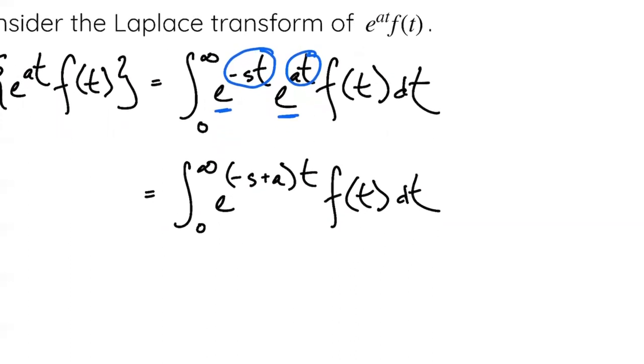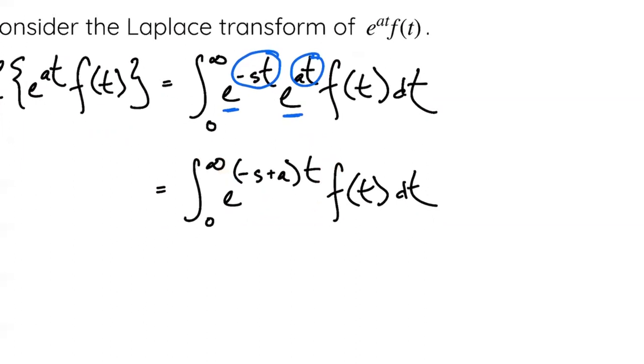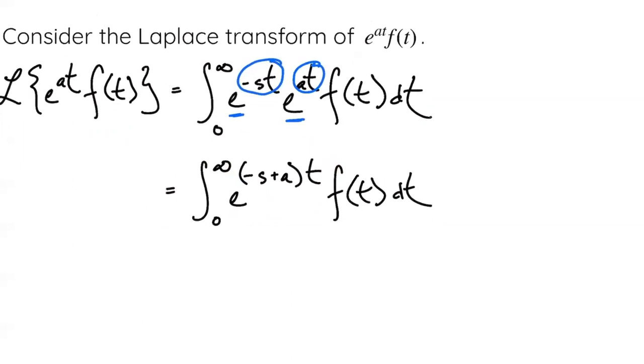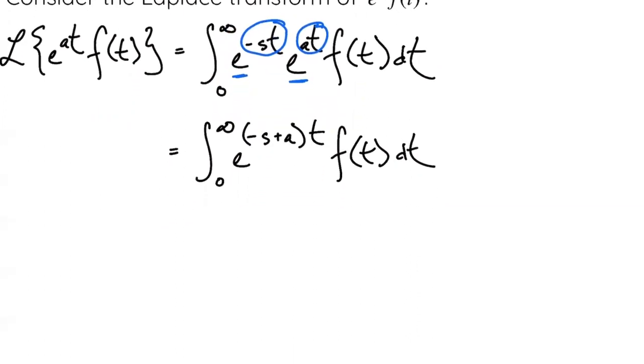All right. And we're going to keep rewriting this little piece here in a few sort of clever ways. Okay. And here's what I mean by clever. If we think back to the formal definition, we know in the formal definition that there is a negative st. All right. And so what we're going to do is take this clump in front of the t, and we're going to factor out a negative sign.